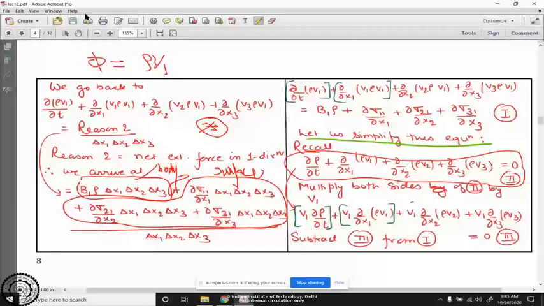Go back to the Saturday notes, you will see that this was the equation we derived when phi was equal to rho. If you multiply both sides of 2 by v1, you get what I have written here, that becomes 3.